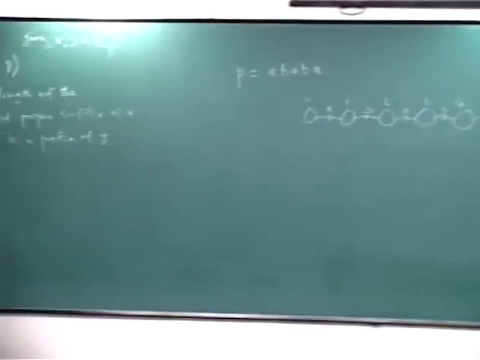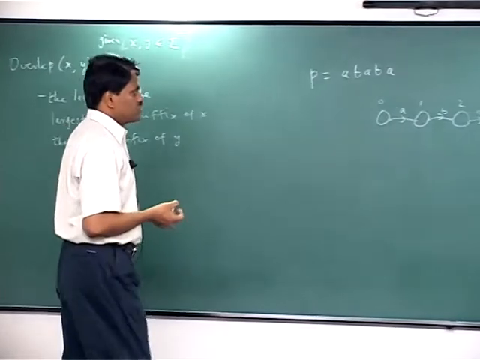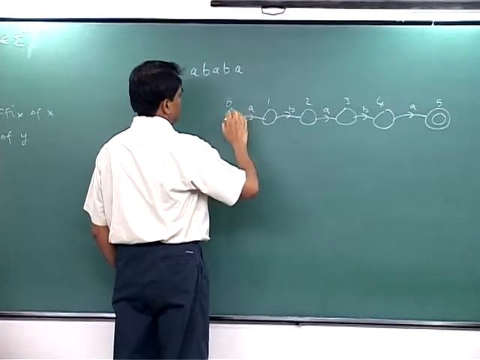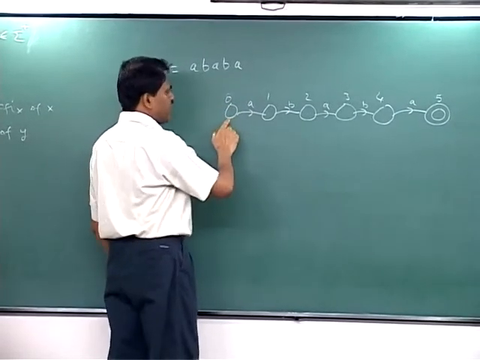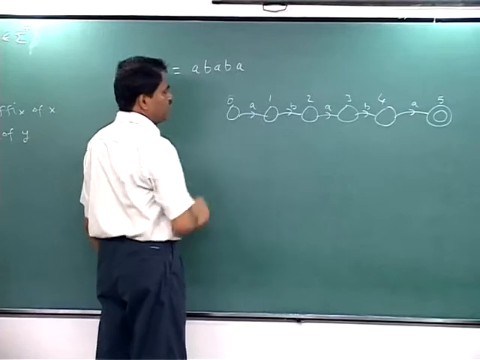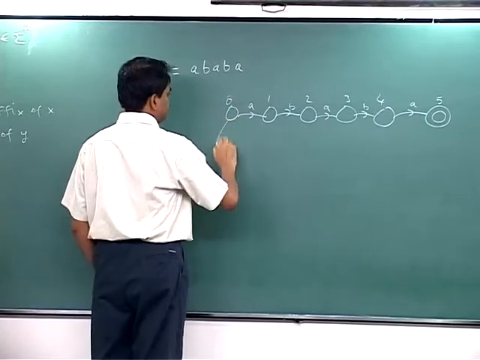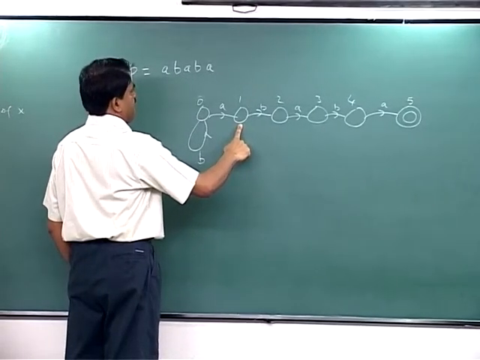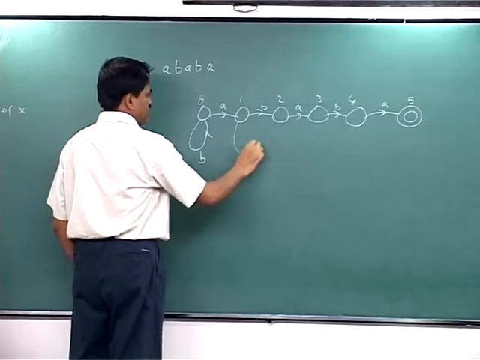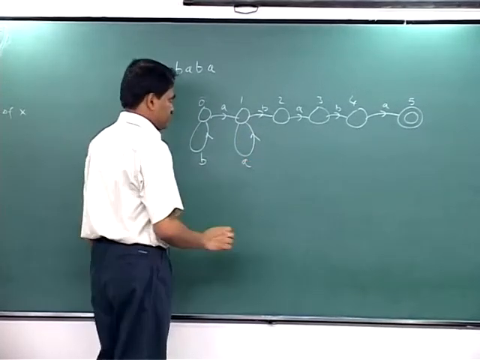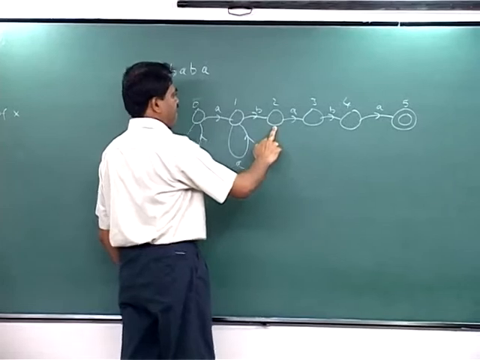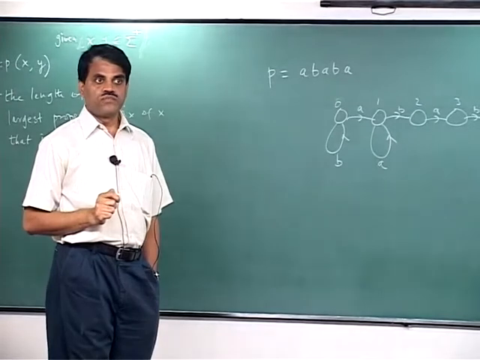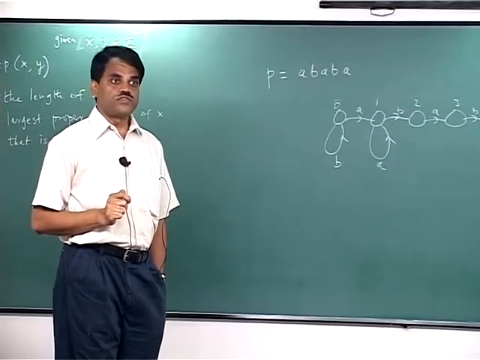Let's try and fill up the rest of the transitions, right? So if you are in 0, when you see A, what do you do? When I see an A here, I go here. When I see a B, stay there, right? And here when I see an A, stay there. And when we see a B here, go to 0, right?